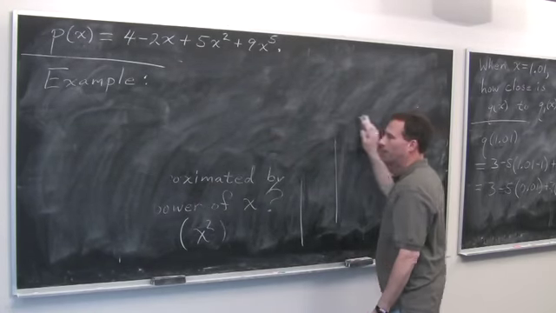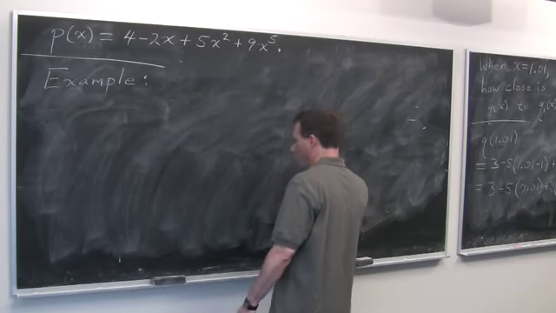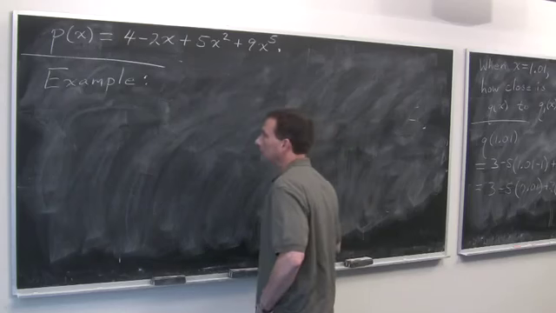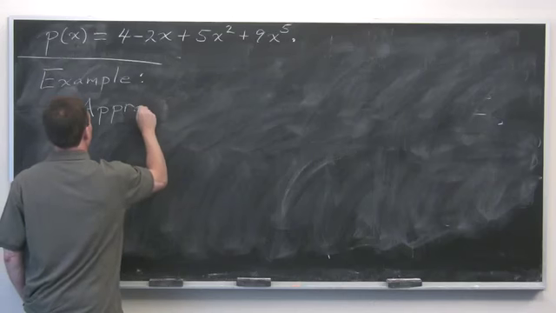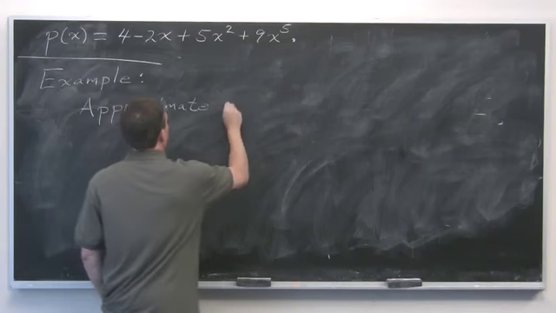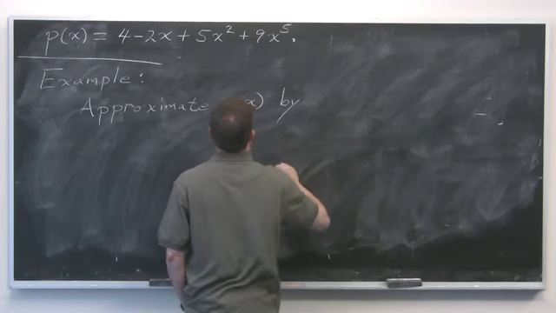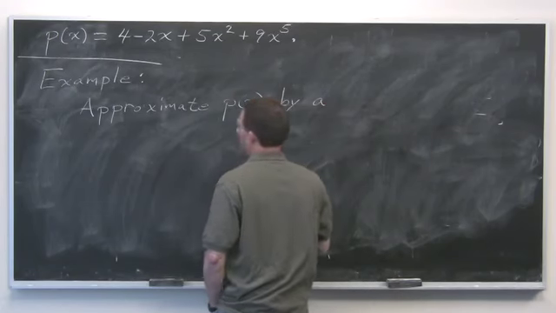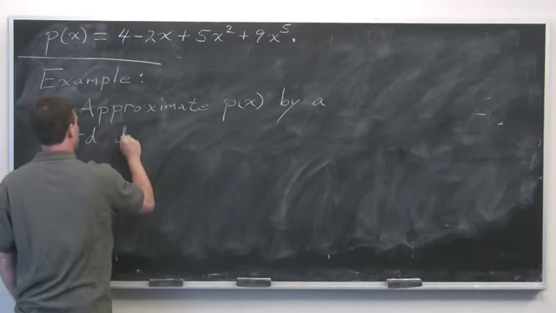So written in powers of x. But what we want to do is approximate p of x by, let's say, a third degree polynomial.